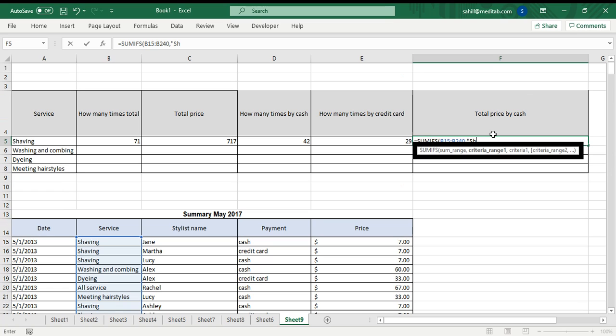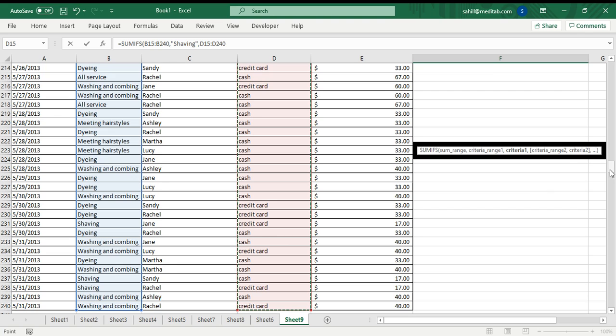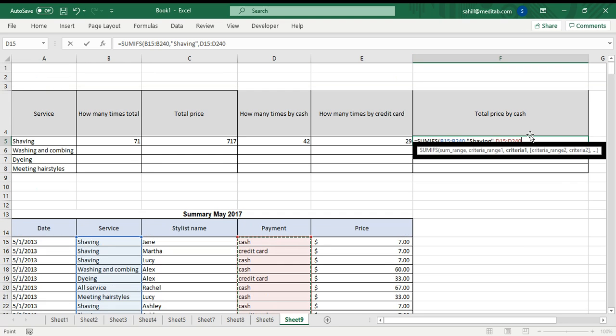I have selected shaving as the option now, and the cash column, and the criteria I need to take is cash. Okay, that's enough.